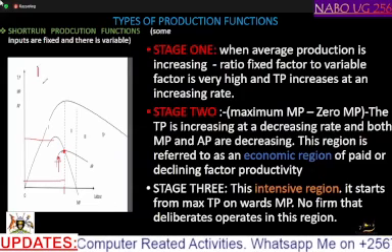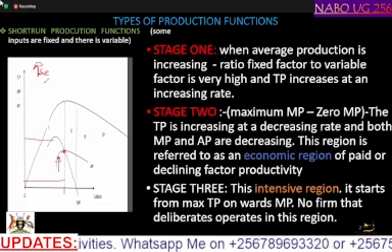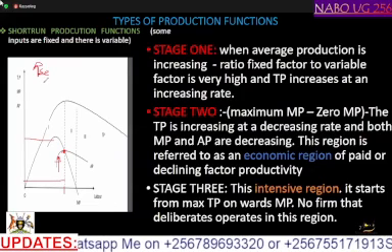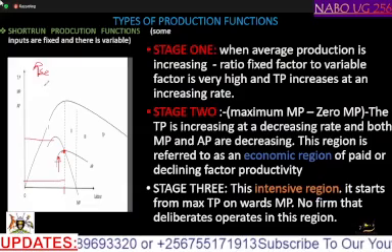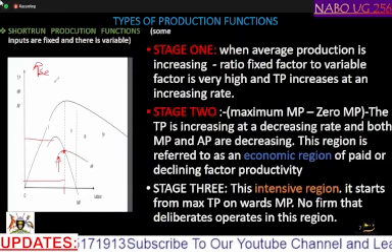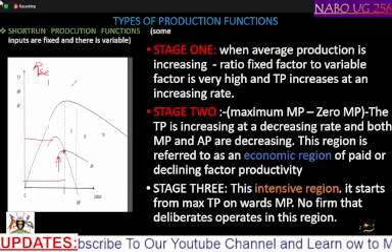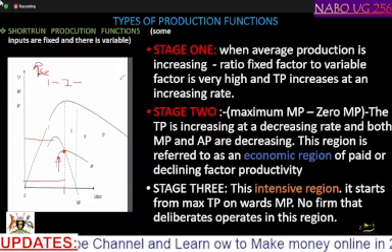Let me give you a simple example to differentiate between increasing at a constant rate and increasing at an increasing rate. If I say 1 is my first output, it doubles to 2, it doubles to 4, it doubles to 8.